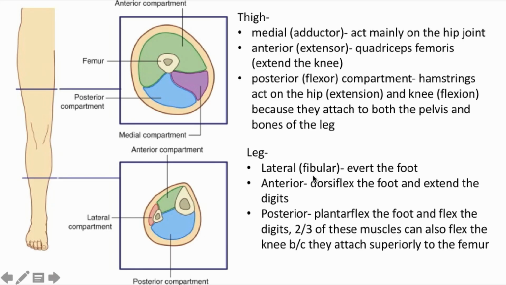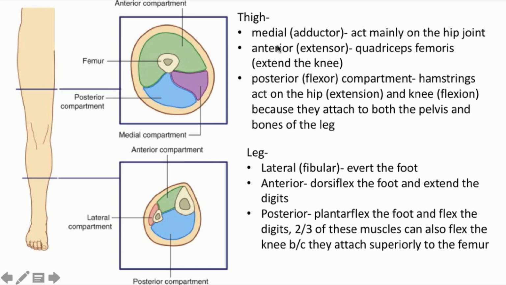When we also look at the muscles in the thigh and the leg, we have to think about compartmentalizing these, because there are fascial planes that help separate the different portions of the leg and the thigh. And so they're divided into 3 compartments, and they're divided by, again, fascia, bones, and ligaments. So in the thigh, we have the medial or adductor compartment, which mainly acts upon the hip joint.